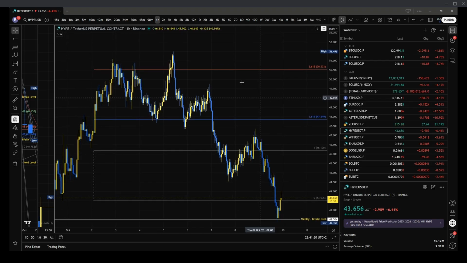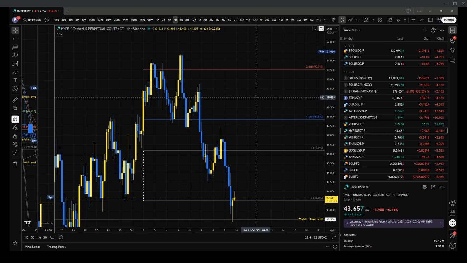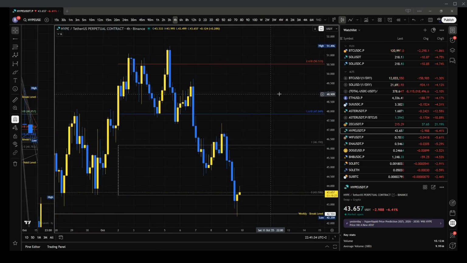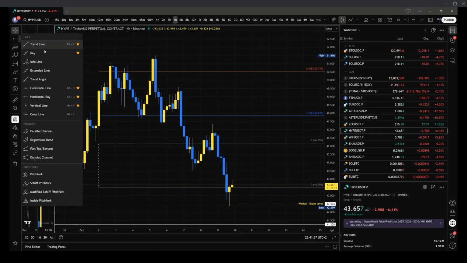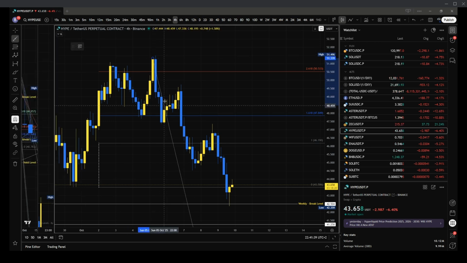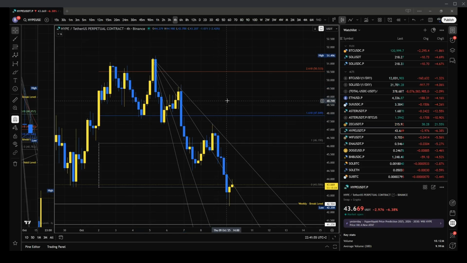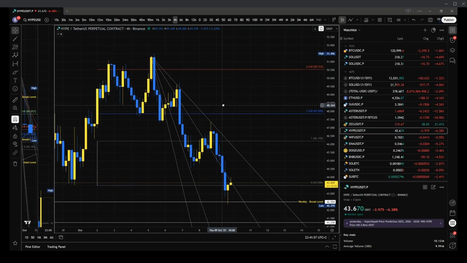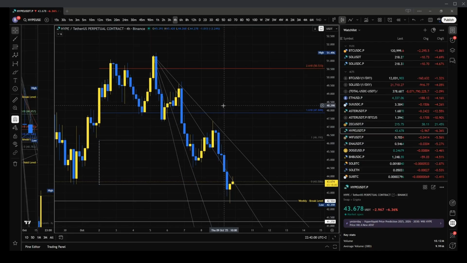So if I try to draw this out on the 4 hour, this goes here. This doesn't touch this. This goes here. Yeah, okay. It created a downtrend also at the same moment.